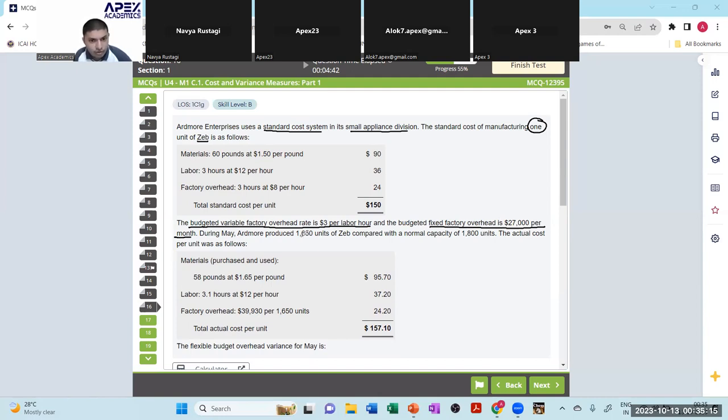During the month, Ardmore produced 1650 units of ZEB with a normal capacity of 1800. The actual cost per unit is how much? They have given you materials, labor, overhead, total actual cost. What are they asking you? Flexible budget overhead variance. Please pay attention.